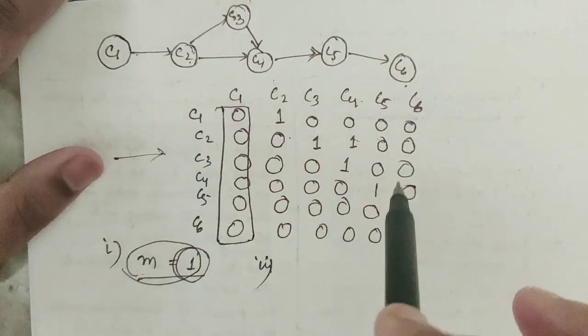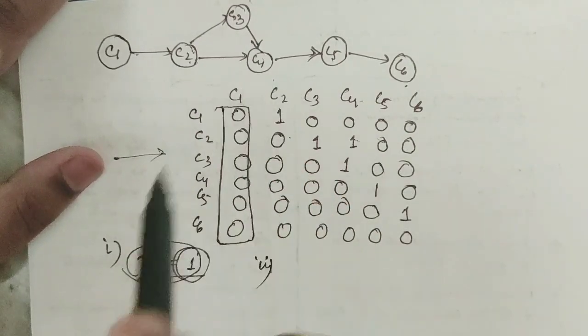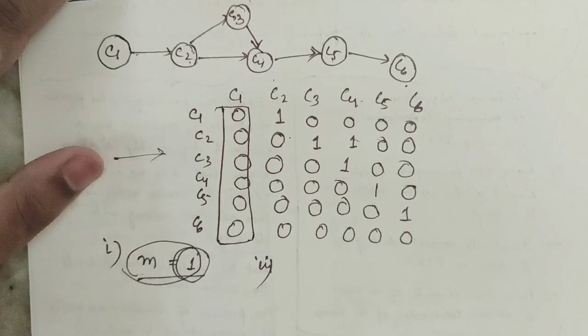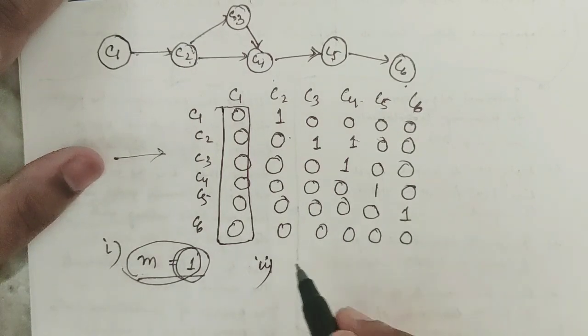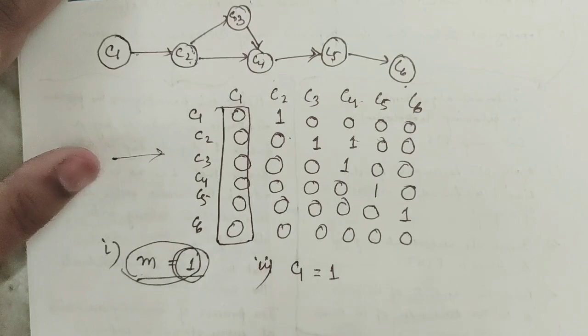So from the adjacency matrix, we have identified a column, which is column C1, the first column here. C1 has all 0 entries. Therefore, C1 is assigned the value 1, that is, assign m to C1.